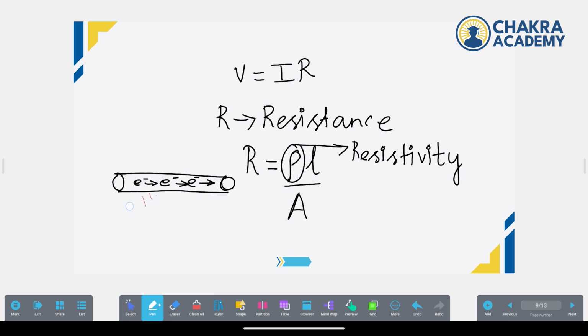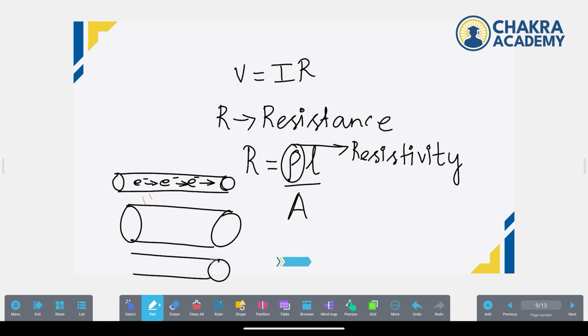Now why is it inversely proportional to area? Let me take two scenarios. This is wire 1 and this is wire 2. Initially 3 electrons are here and 3 electrons are here also. Can you guess whether the collision among electrons in case 1 or case 2 will be more?